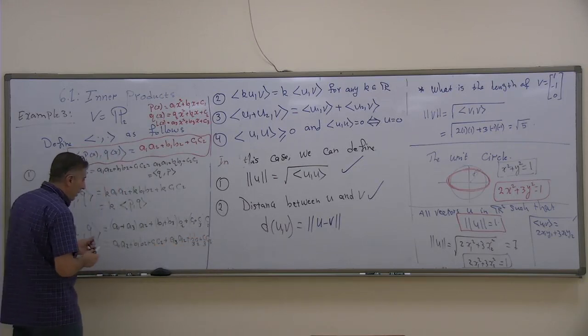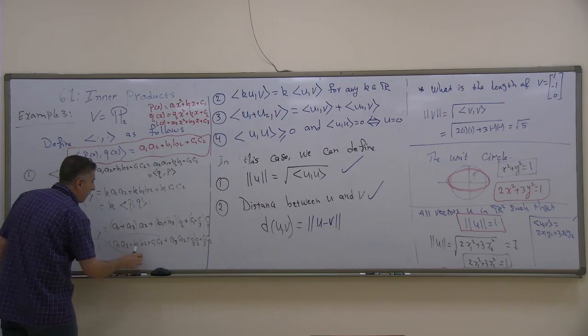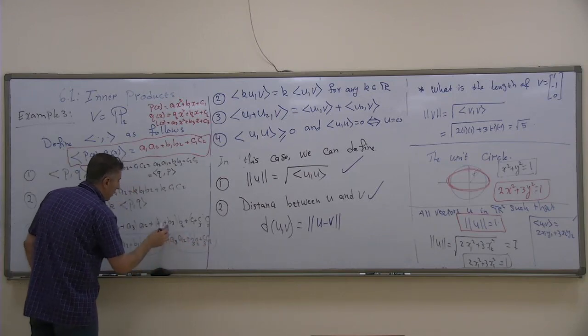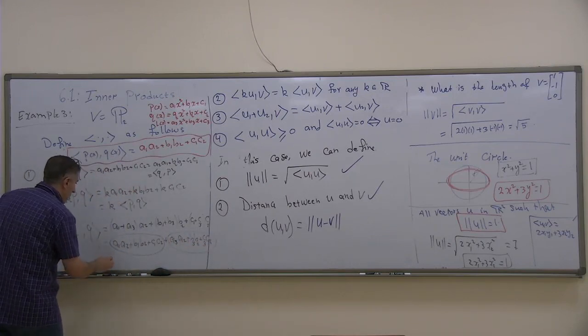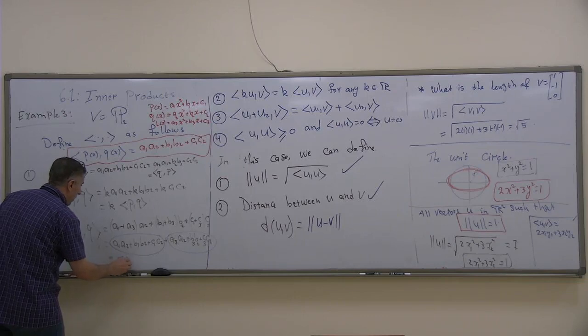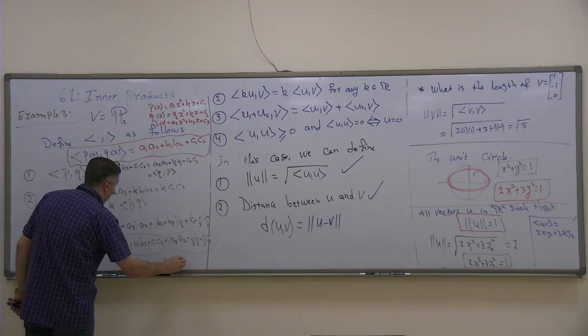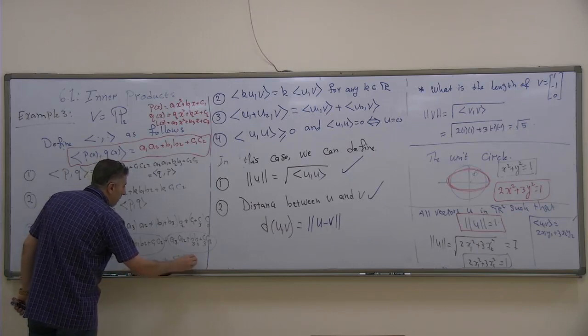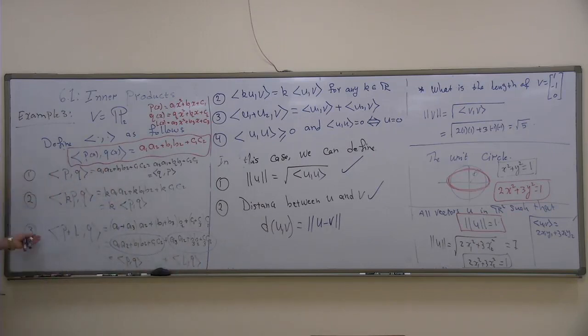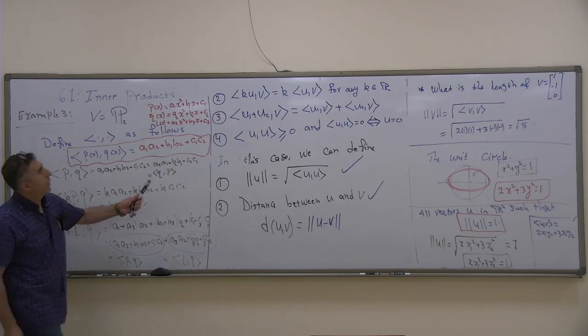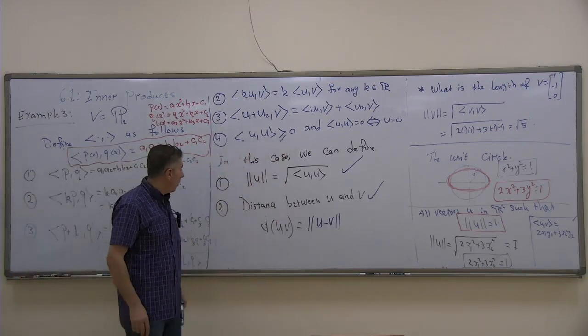So this here and this here will give you what you want. This will give you the inner product of P and Q, and this will give you L, Q. So the third condition is also satisfied. What about the fourth condition? The inner product of P with itself is larger than or equal to 0.